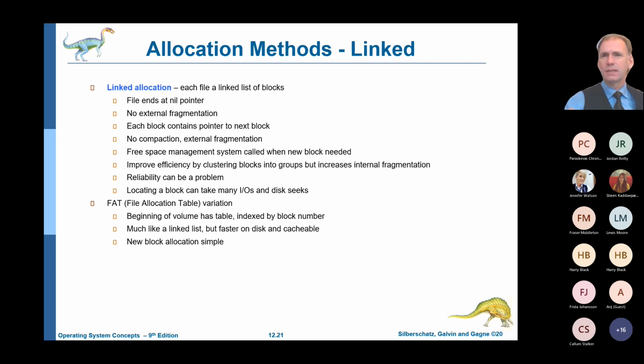So the end of the extent might point to the next extent, or you might have a file somewhere that says, oh no, this file is this extent and this extent. You know, one of the ways that we've looked at before. But it suggests something else as well. If we can allocate a contiguous set of blocks, and then another contiguous set of blocks, and then another contiguous set of blocks, and link them all together, why not just allocate one block and then link that?